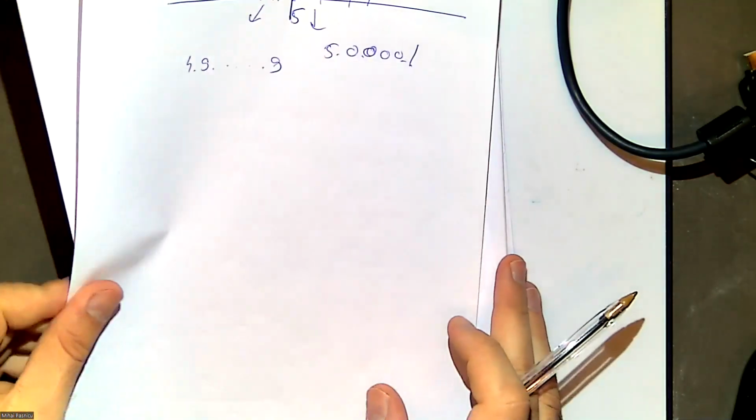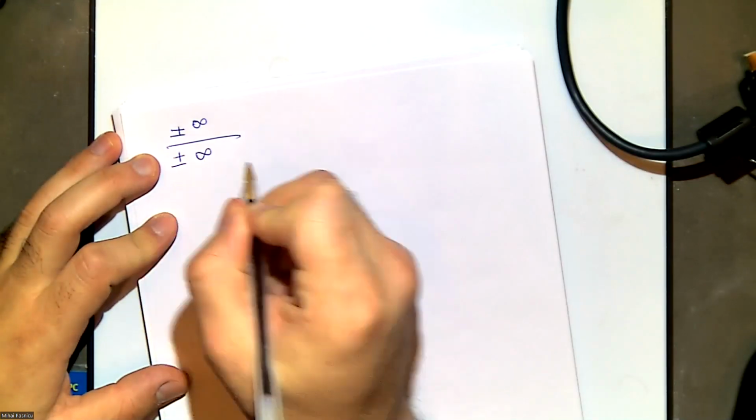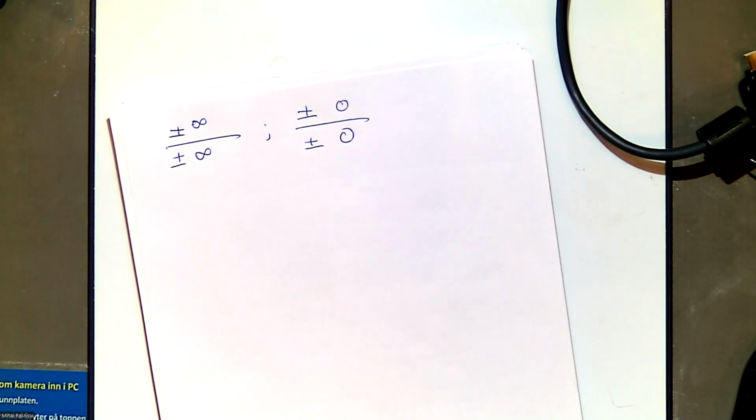The only cases in this class that you need to treat very respectfully are plus minus infinity over plus minus infinity and plus minus 0 over plus minus 0. This is just a way of phrasing that when you have a fraction where the numerator goes to infinity and the denominator goes to infinity, or 0.